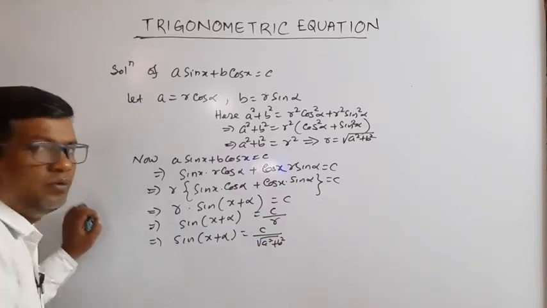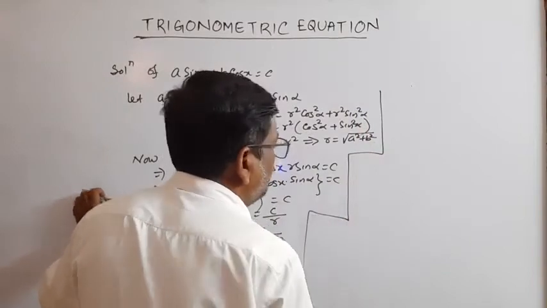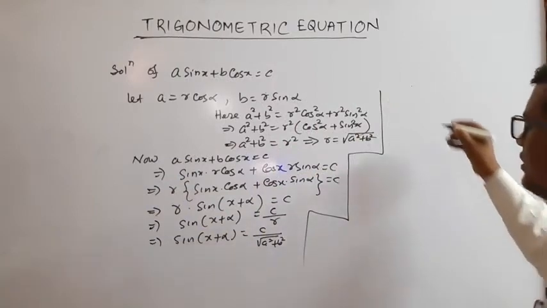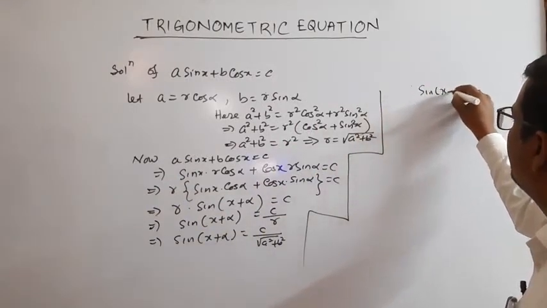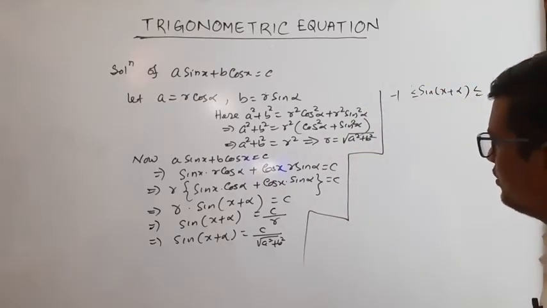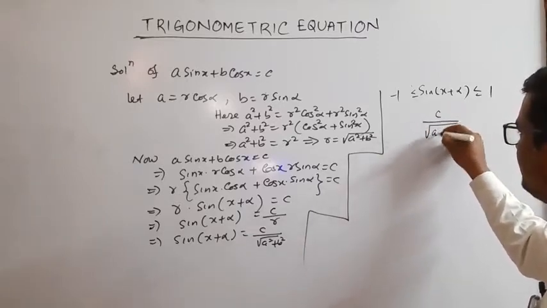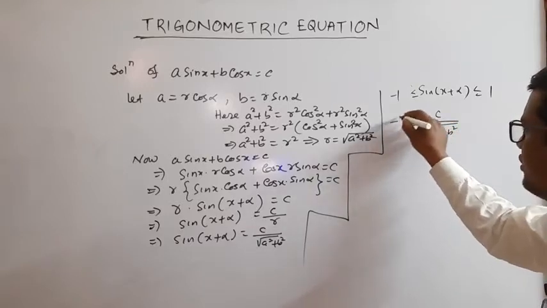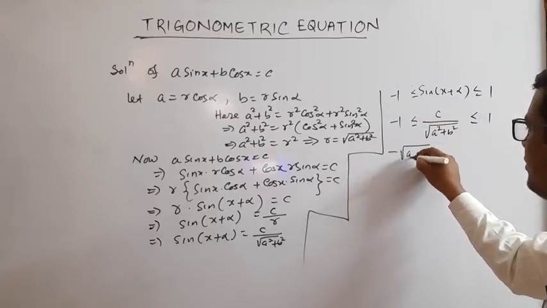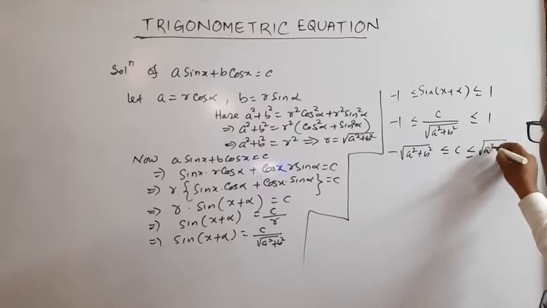But we know sin of x plus alpha lies between minus 1 to plus 1. So that implies c by root over a square plus b square lies between minus 1 to plus 1. That implies minus root over a square plus b square is less than or equal to c, less than or equal to root over a square plus b square.